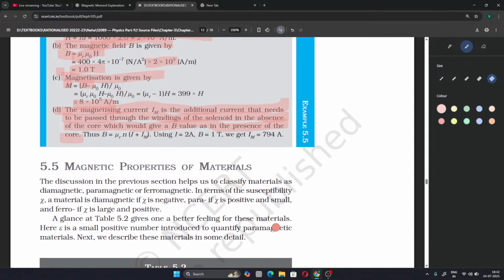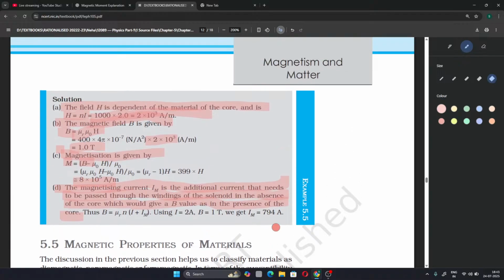If there is a core, there is an amplification in the magnetic field produced. Without a core, there would be less magnetic field. So without a core, how much current should we increase so that we get the same magnetic field? That is 1 Tesla here.